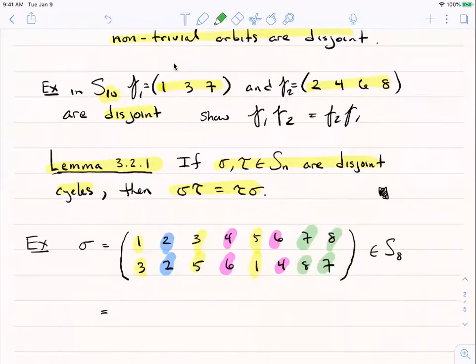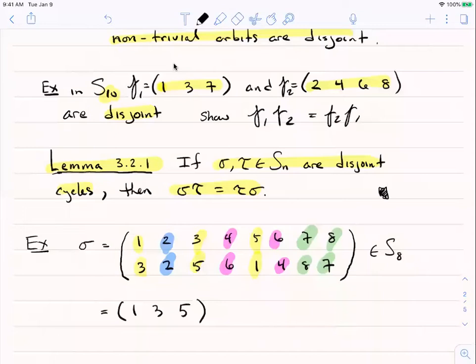So if I define some permutations like this, let's say I take a cycle and I let it send 1 to 3, which is sent to 5, which is sent back to 1. Then that cycle, I'll call it gamma 1, is behaving exactly like sigma does inside of that orbit. All right, it fixes everything else.